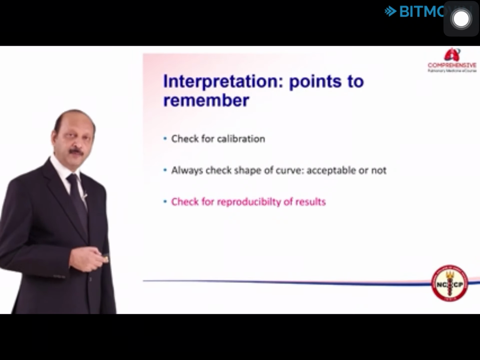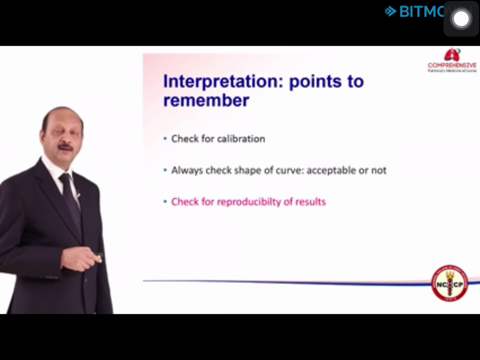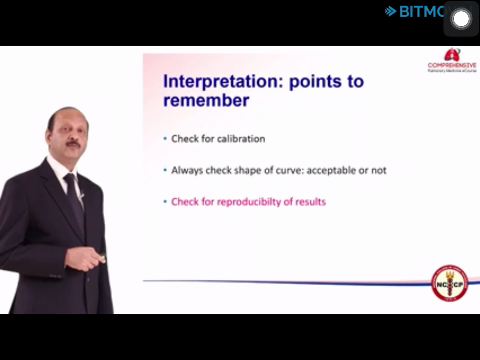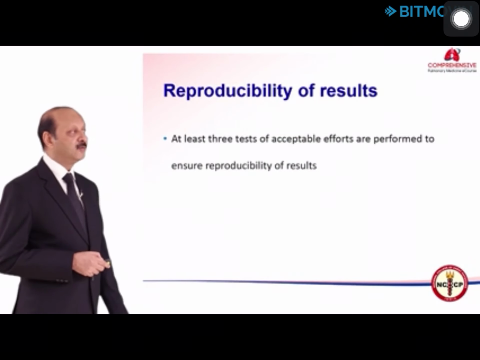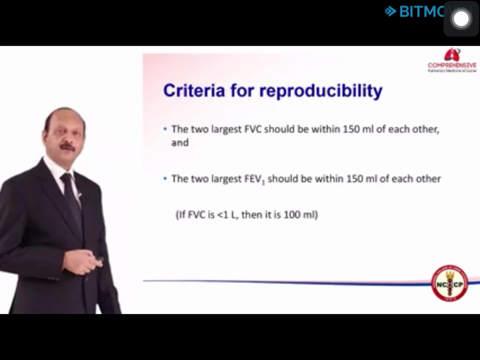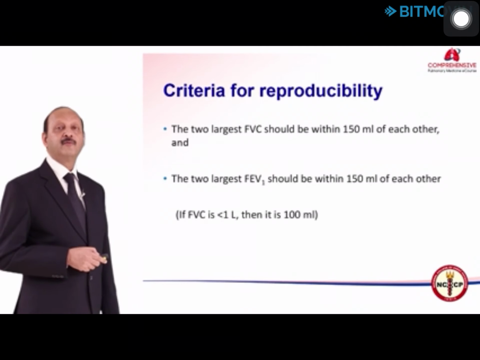So, we should keep on doing it till we have 3 acceptable tests, and the best and the next best should be within 150 ml. That is the criterion, that the largest 2 FVC should be within 150 ml of each other, and even the largest 2 FEV1 should be within 150 ml of each other.